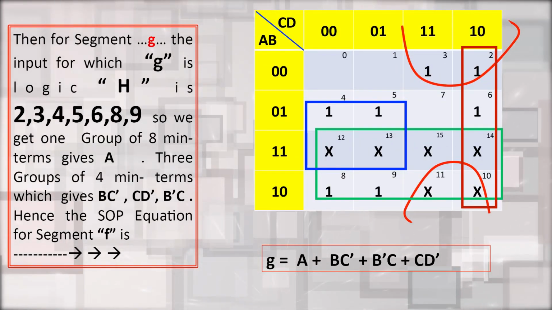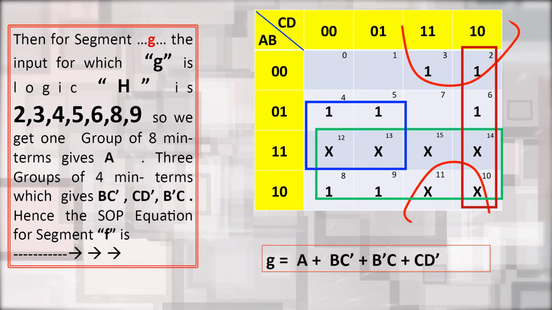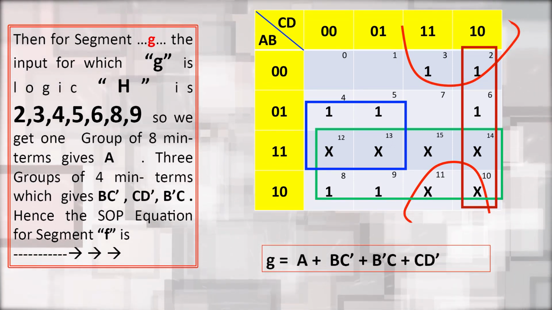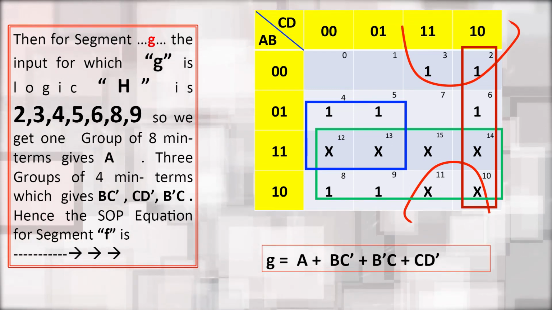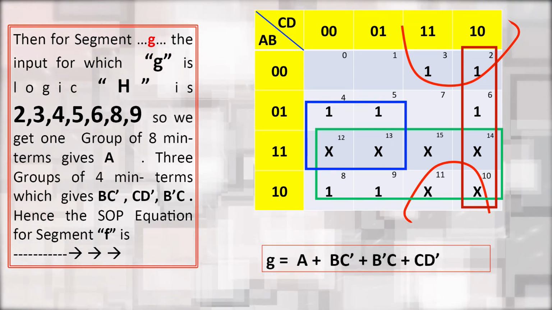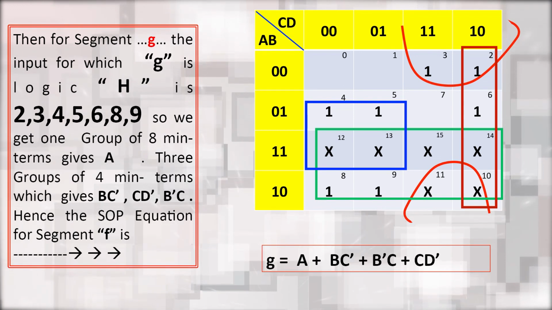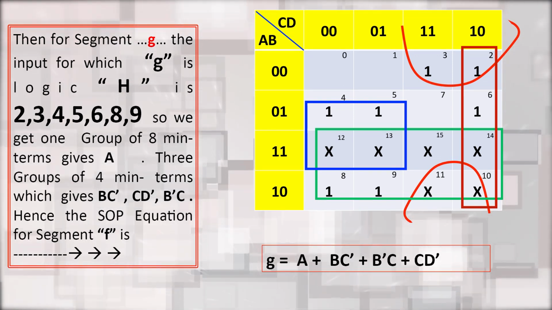Then for segment G, the inputs for which G is logic high are 2, 3, 4, 5, 6, 8, 9.